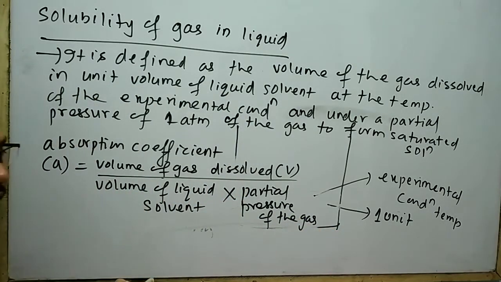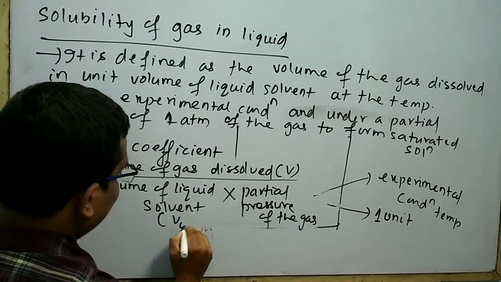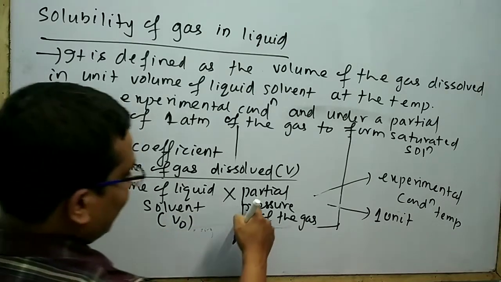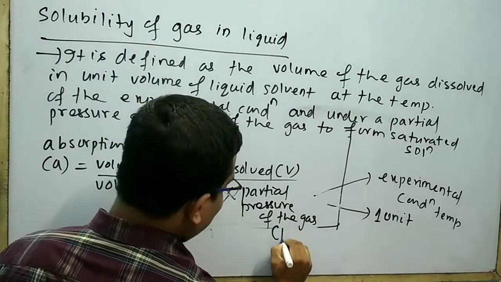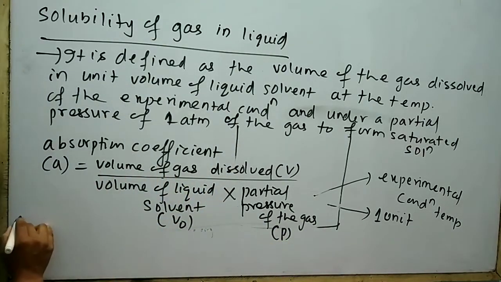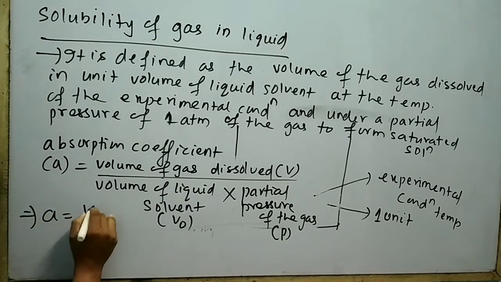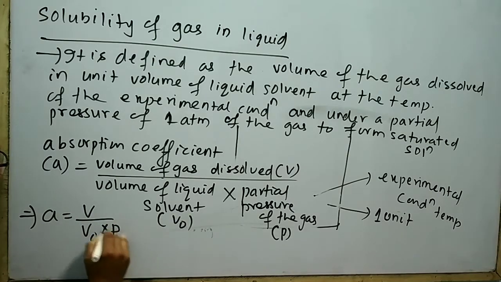Suppose the volume of liquid solvent is taken as V0 and the partial pressure of the gas is taken as P, then I can write A = V / (V0 × P).